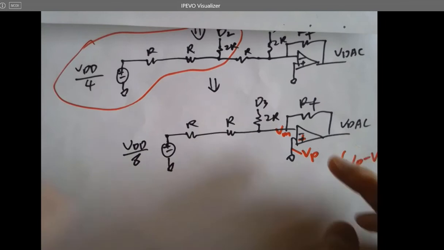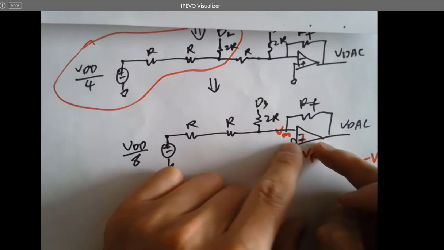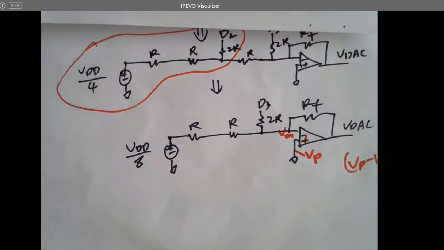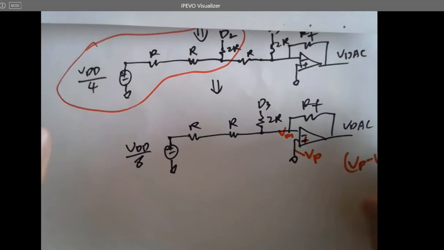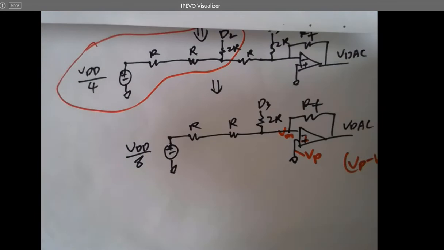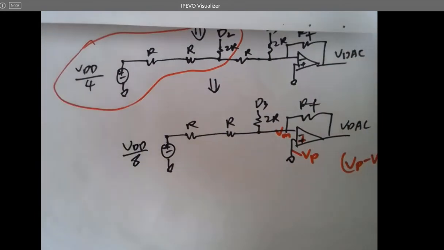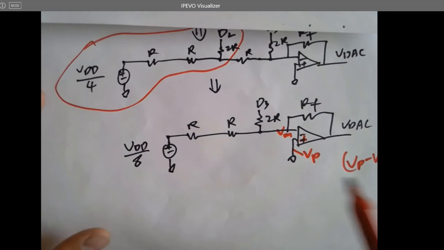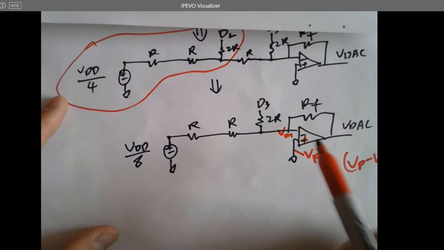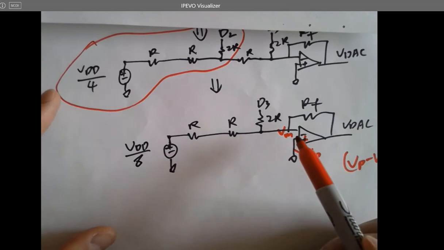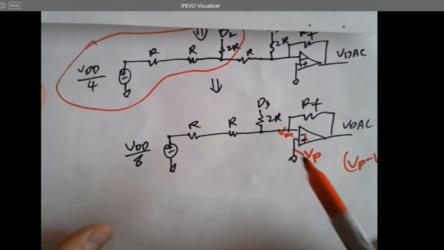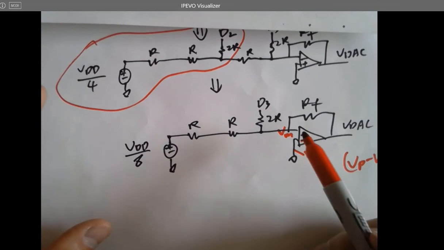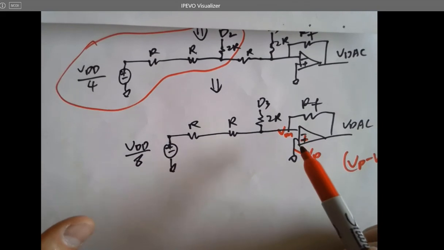However, if I do not have any feedback, then the open loop gain of the op-amp is infinite, right? So that's why we can form a comparator using an op-amp. But one of the properties of the op-amp is that if I have a negative feedback, then the 2 ports are equal.